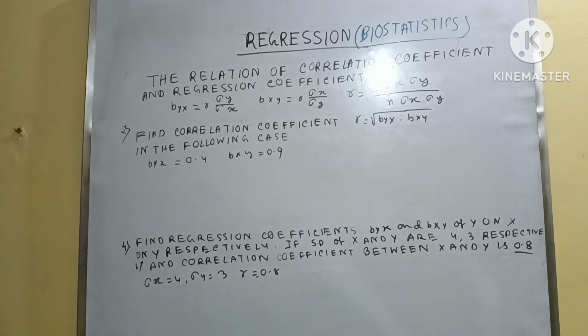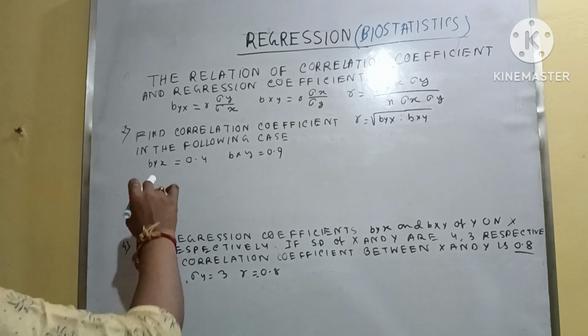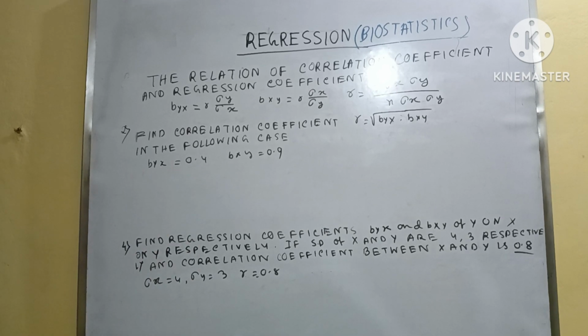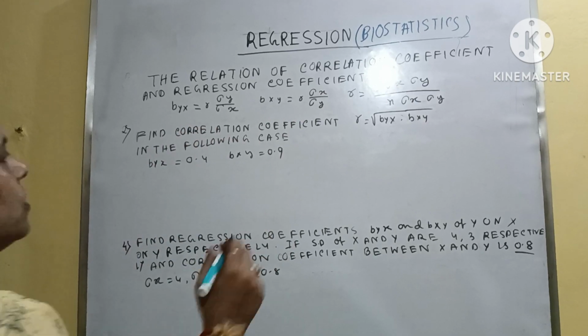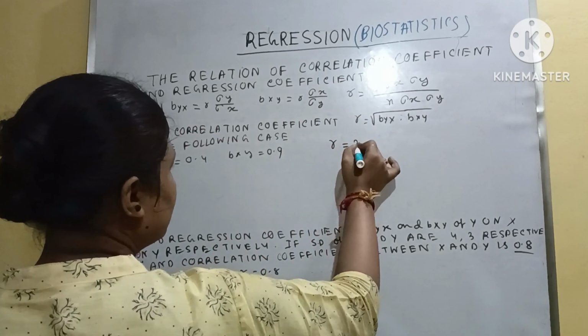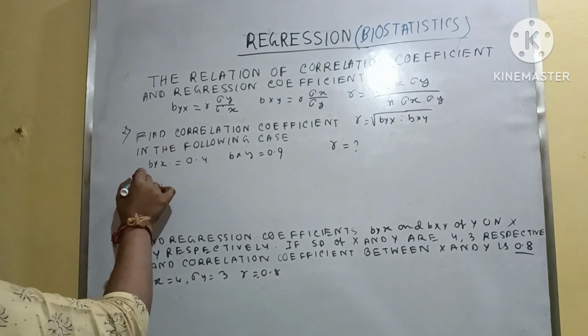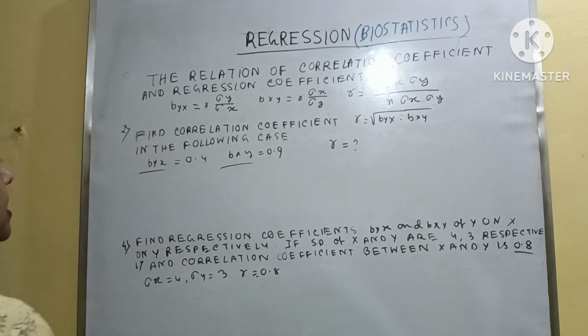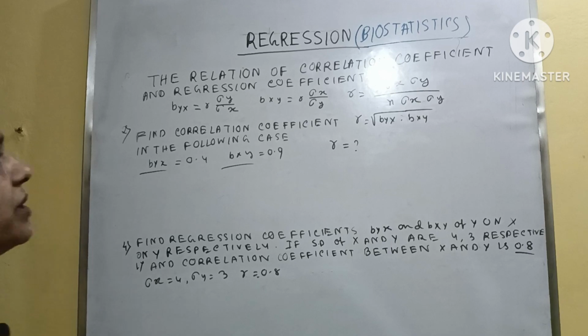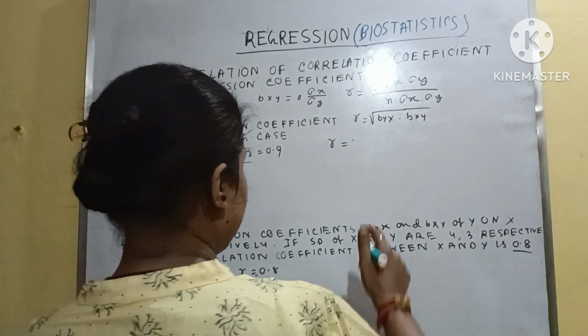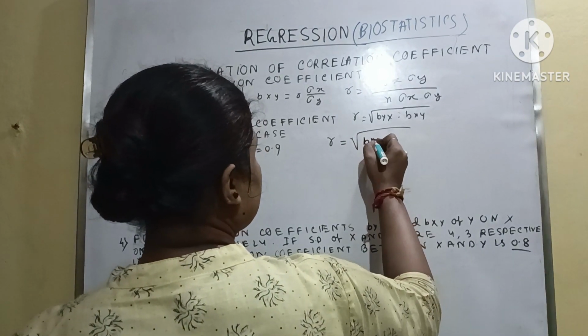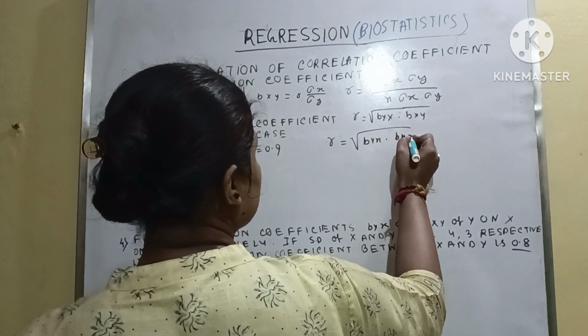Find correlation coefficient in the following case, where byx equals 0.4 and bxy equals 0.9, and you all know correlation coefficient means we have to calculate the r value. Clear? So here is byx and bxy, so easy and simple formula, that is root over of byx into bxy.